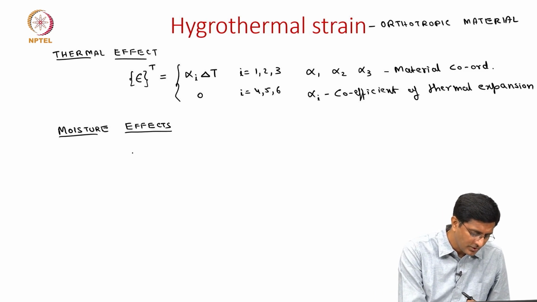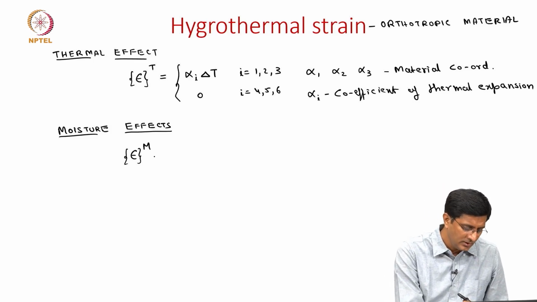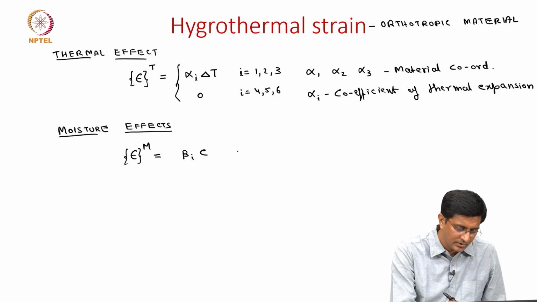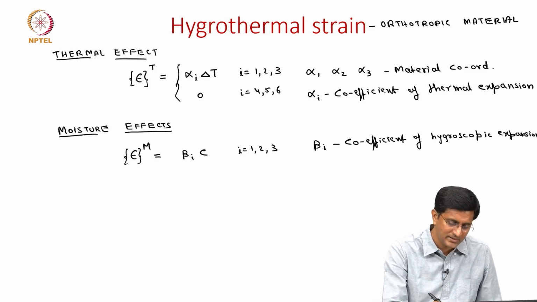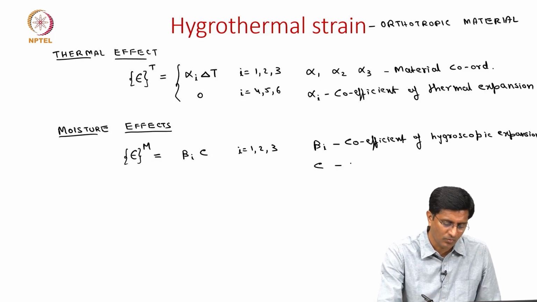That will be represented using epsilon m, with a superscript m meaning the moisture effects, given as beta I times C. Here I goes from 1, 2 and 3, and C is the moisture concentration.